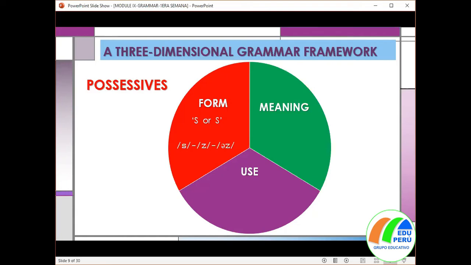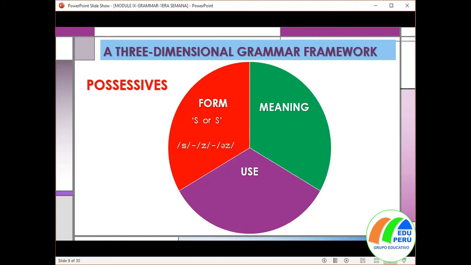Because we're talking about the possessives. But when you speak, you produce this grammatical aspect of the language in three different forms. And here we have what we call the allomorphs. The principal morpheme is the apostrophe s, what you have in mind, but you produce it in three different ways.